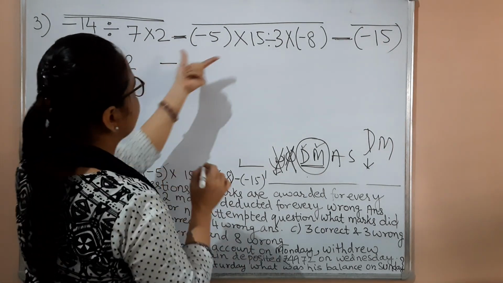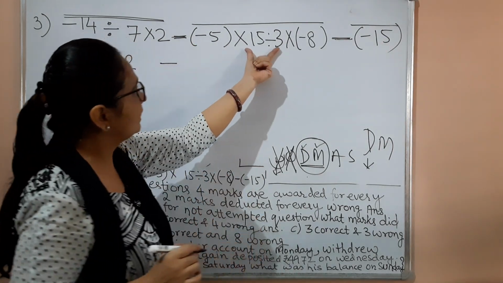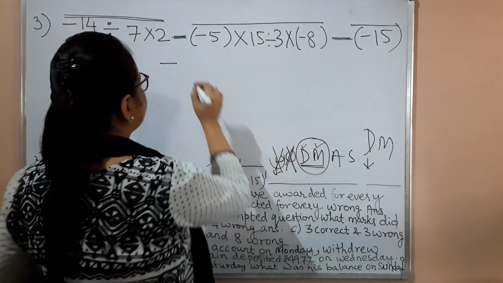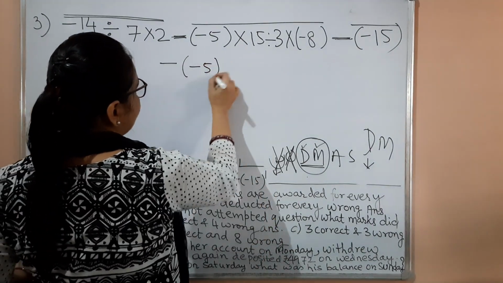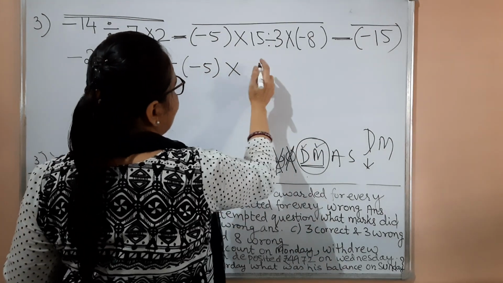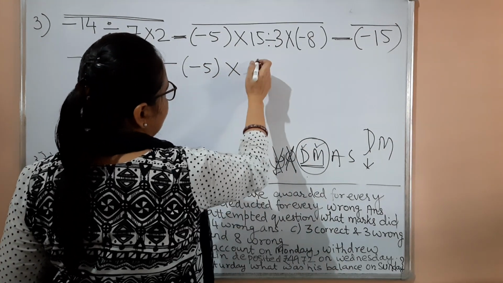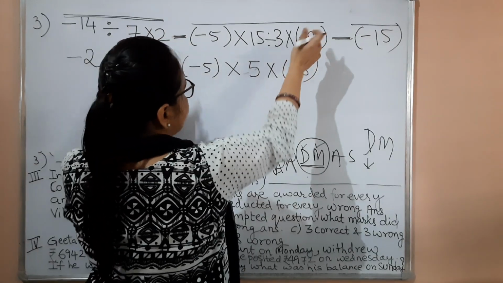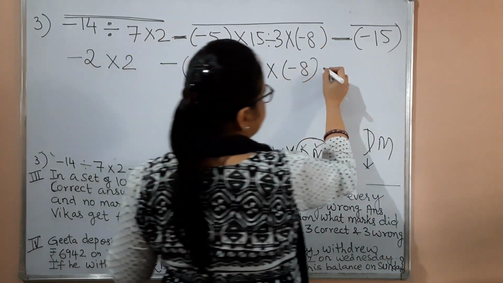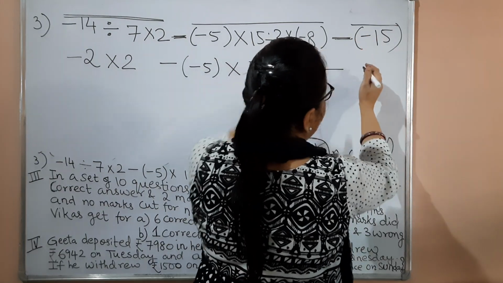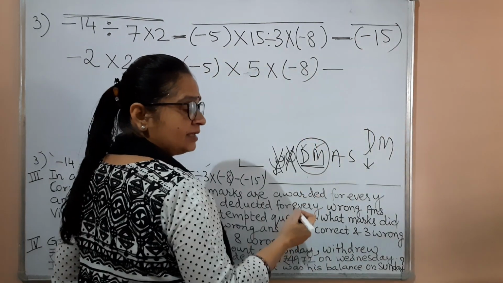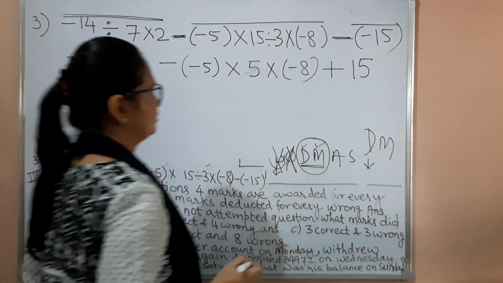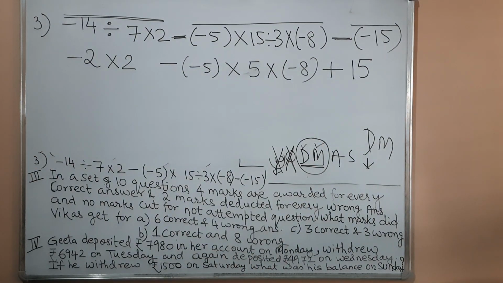We have the minus sign. We know that division is to be done first, so this part we have to do first. So we have minus 5 multiplied by 3 5s are 15 multiplied by minus 8. So this is simplified to this. And here we all know minus of minus 15 means additive inverse of minus 15, which is becoming plus 15, the opposite of minus 15.